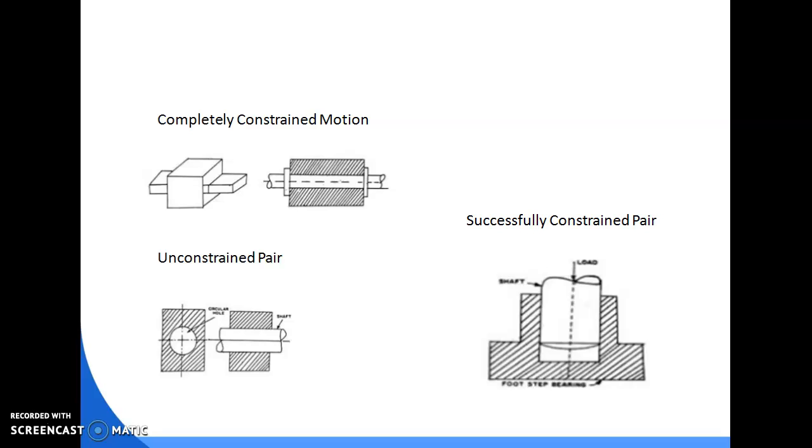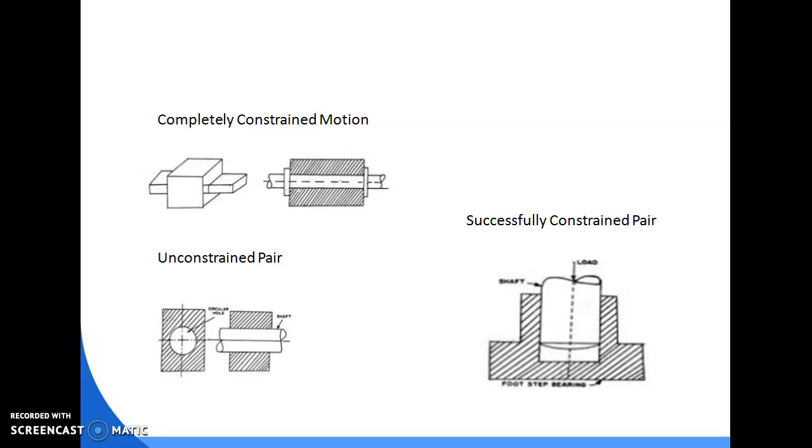In this fourth diagram, we can see a shaft inside a footstep bearing. This shaft can be moved upward and downward, means linear motion is possible here, and this shaft can also rotate clockwise and anti-clockwise, means rotational motion is also possible.